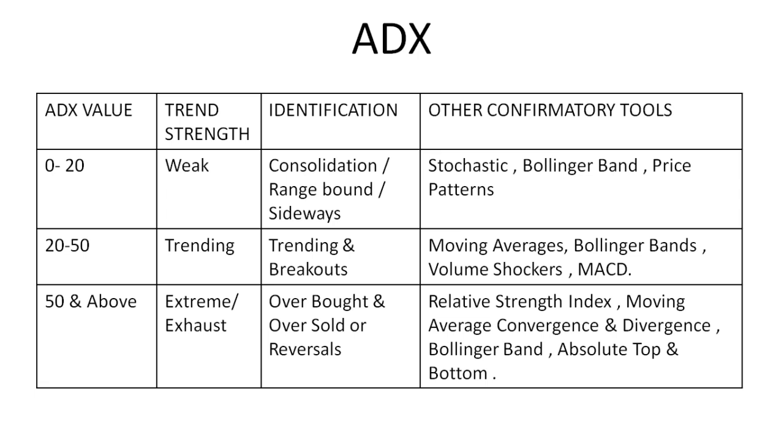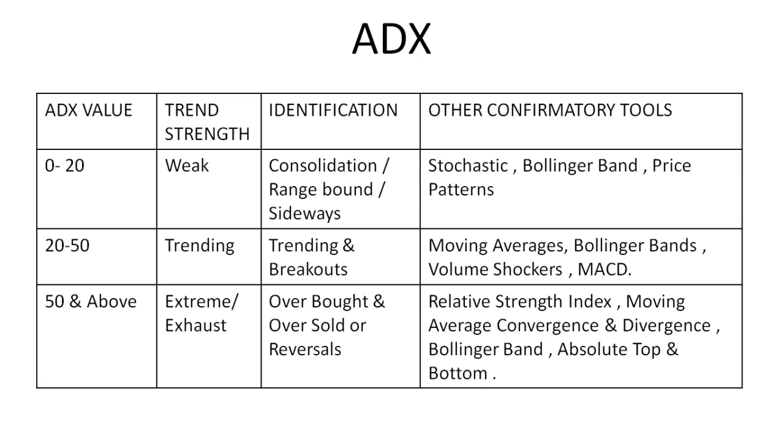If the ADX is between 25 to 50, we think it is trending and breakouts are there. We can use moving averages, crossovers, Bollinger Bands, volume shocker, or moving average convergence and divergence as another confirmatory tool.